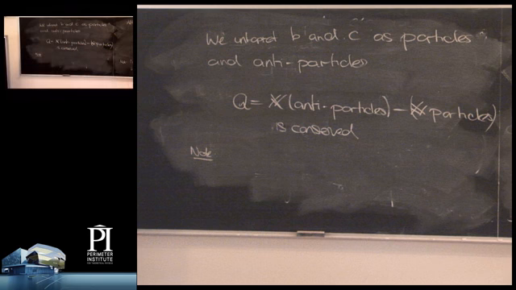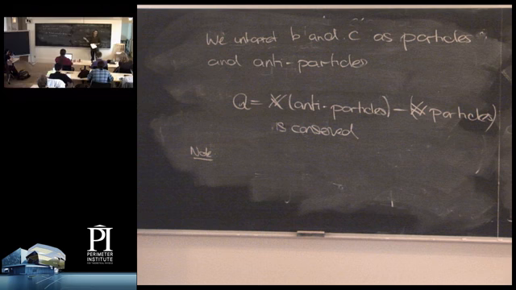Okay, so you get distinct particles and antiparticles when you have a complex scalar field. When you've got a real scalar field, we only got one particle, and the interpretation there is that that particle is its own antiparticle.